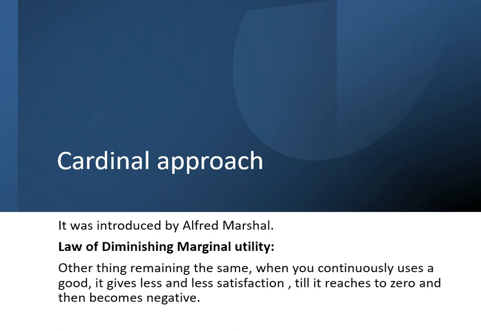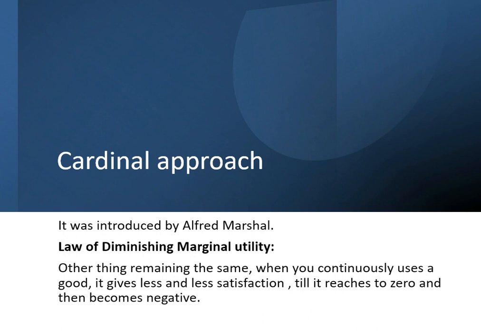Hi everyone. In our today's lecture we are going to discuss the first approach to measure utility. In our previous lectures we have already discussed in detail what is utility, and we have discussed different types of utility, different concepts of utility.